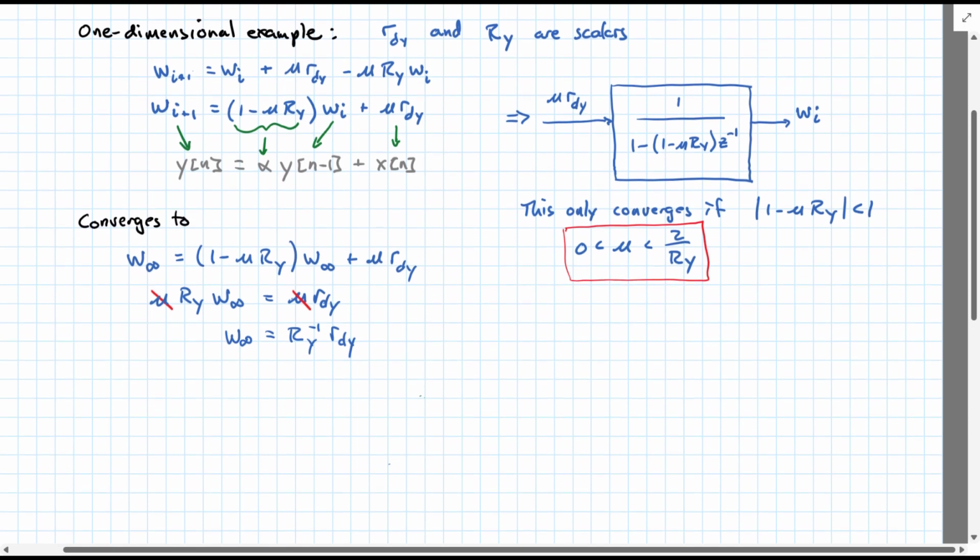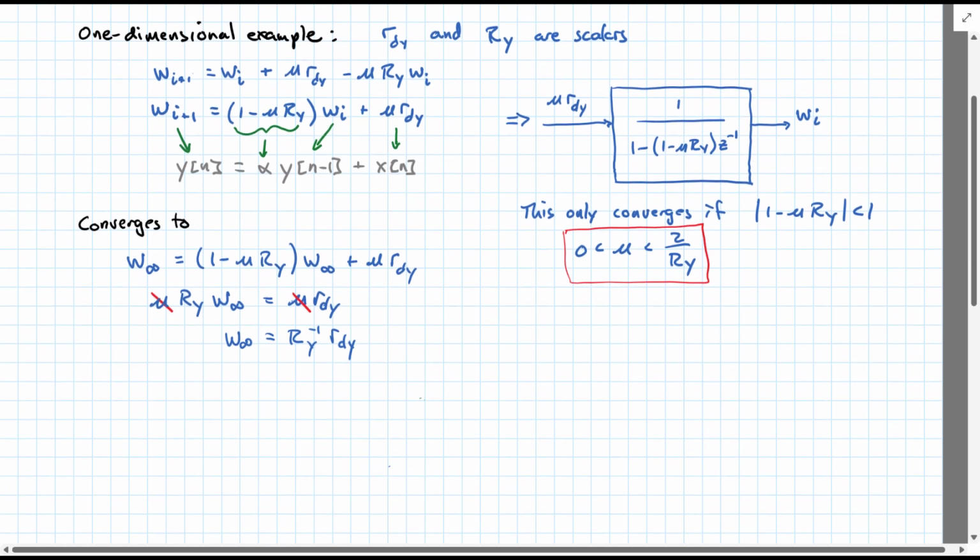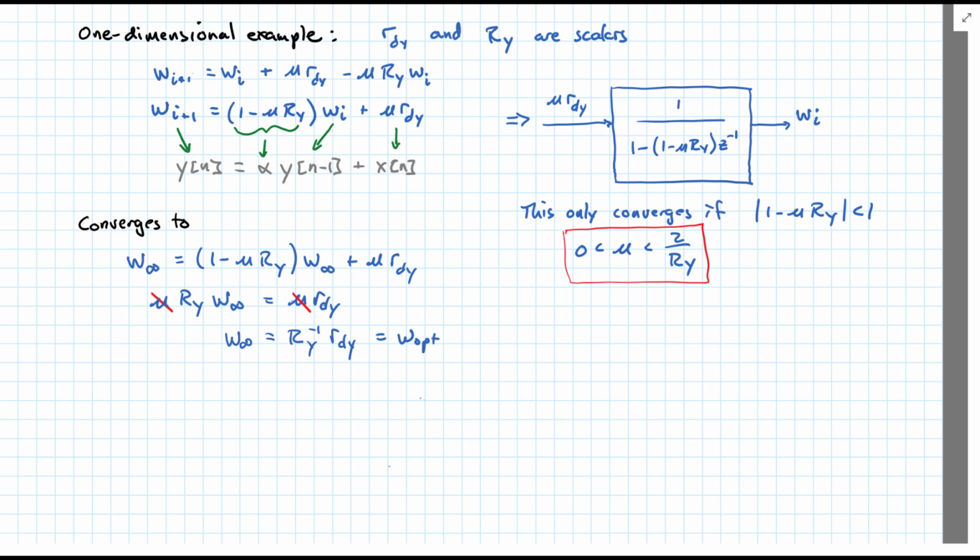Now let's explore how fast it gets there. We obviously don't want to wait for infinity. We would like it to hit the optimal solution sooner, and the question is, how soon is it going to hit? To answer this question is a little bit more tricky than just following the filter dynamics, although we'll find that it's pretty similar.